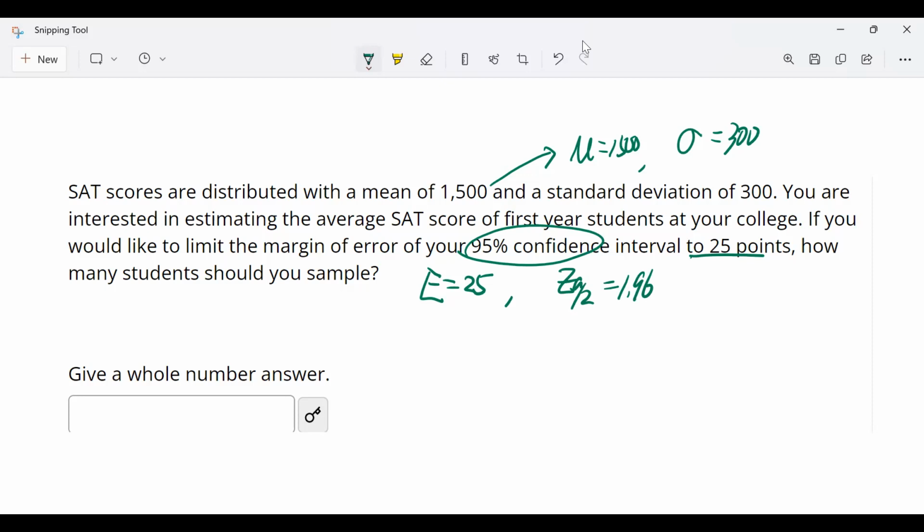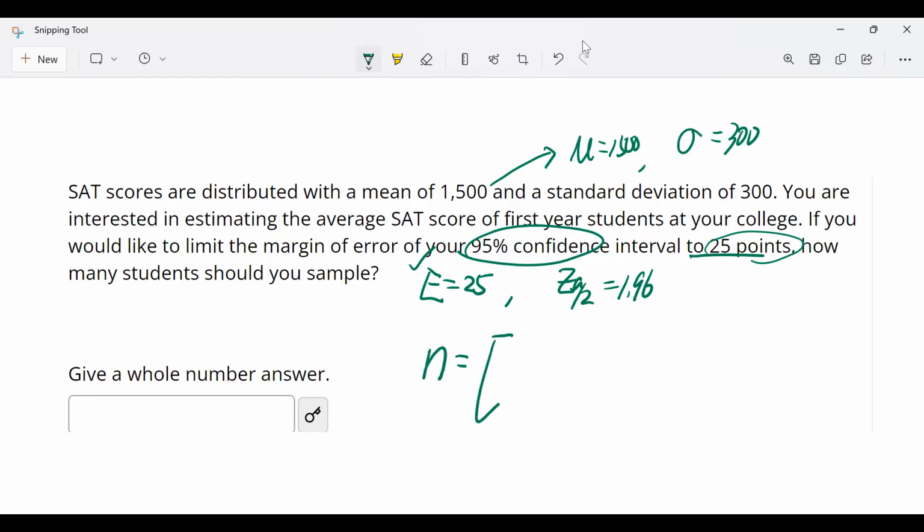So in this problem, they give us two pieces of information: the margin of error within 25 points, and a 95% confidence, so the critical z-score is 1.96. Actually, they want us to find the sample size.